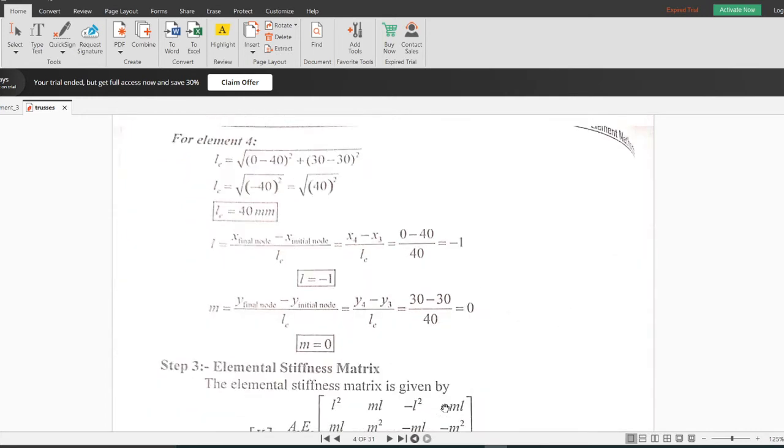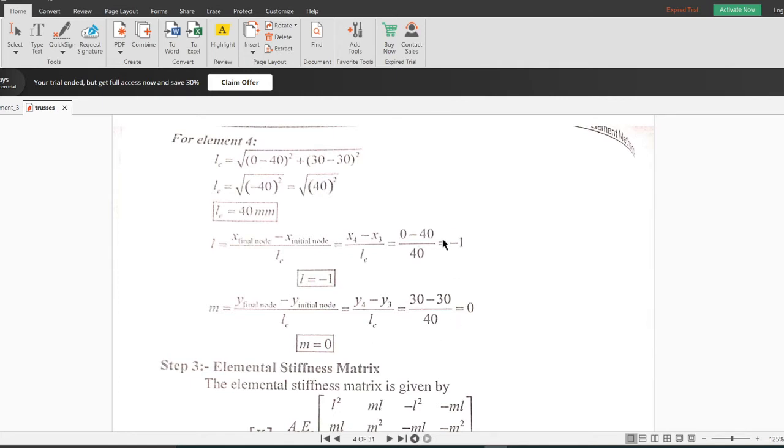Correct. All of you got 40. Similarly, direction of cosines: L is minus 1, M is 0.